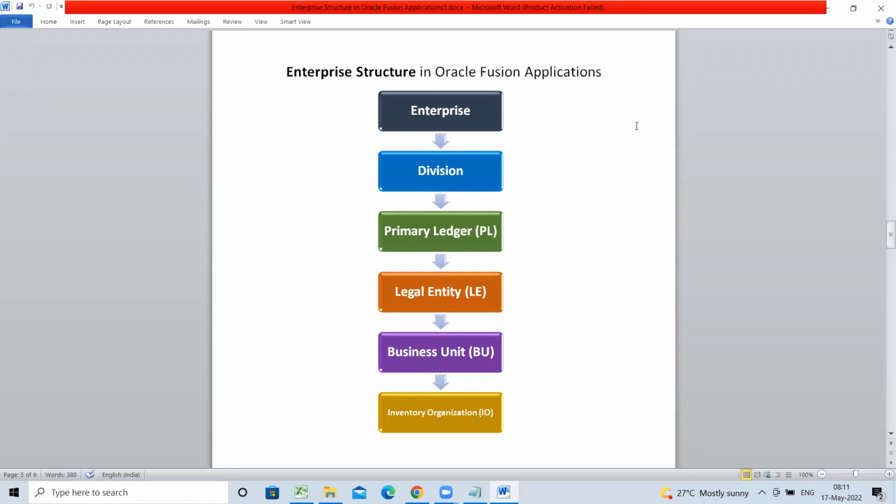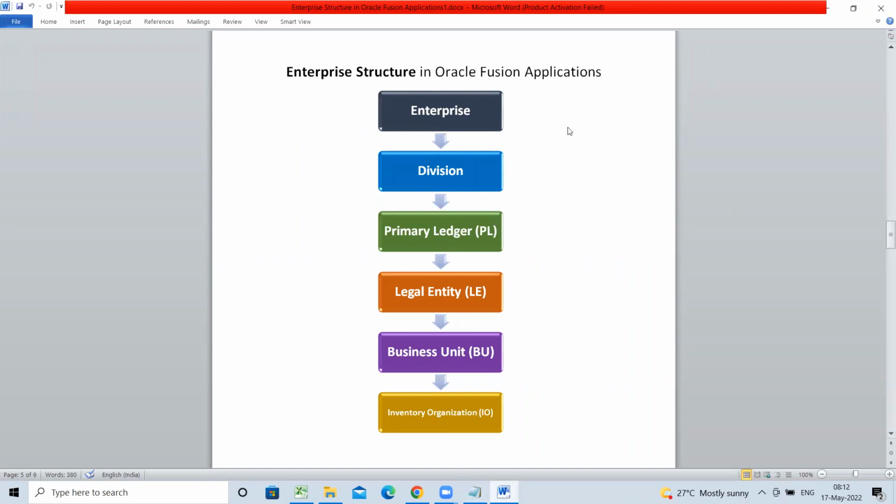And inventory organization is all about performing the warehouse related transactions and maintaining the stock. So these are the points we have to understand.